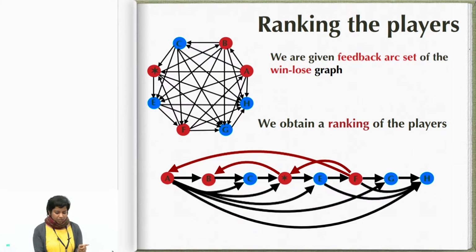Okay, I think I have a picture. Yes, so this is an example. This is basically what would happen if these were the feedback arc set. These red edges are the ones whose deletion will lead to an acyclic graph, or whose directions, if you switch, would lead to an acyclic graph.